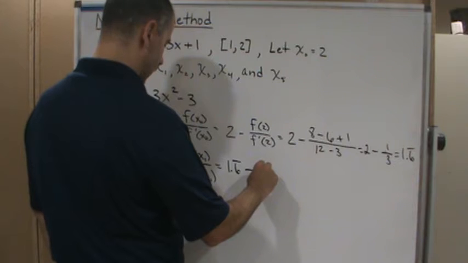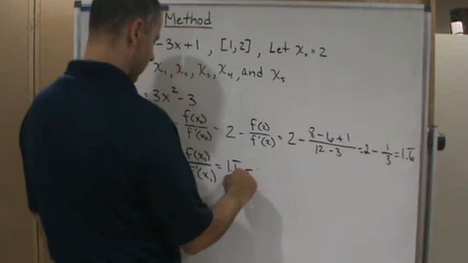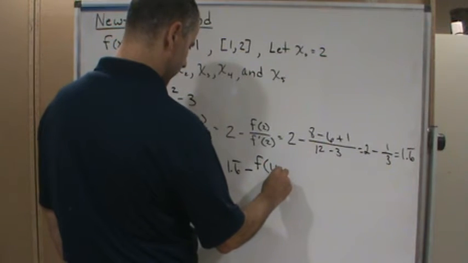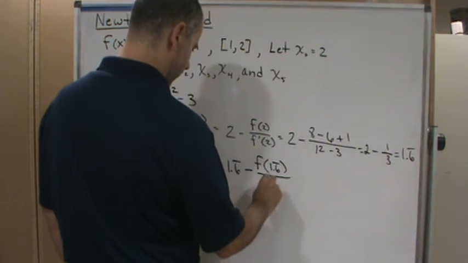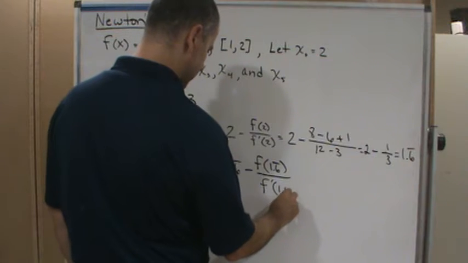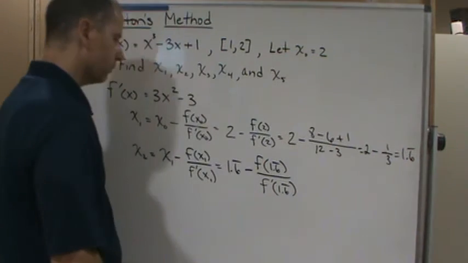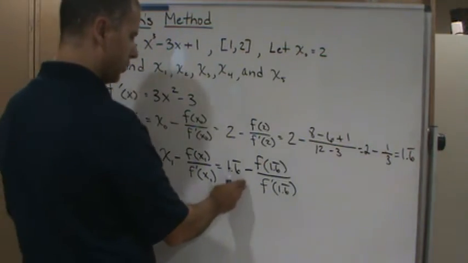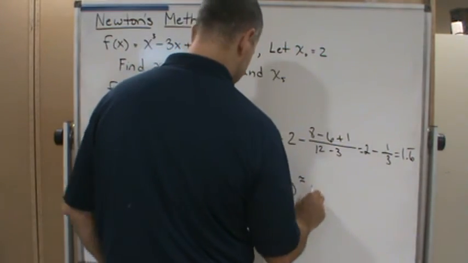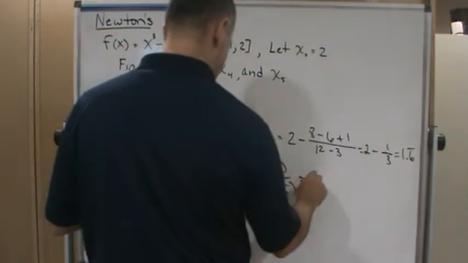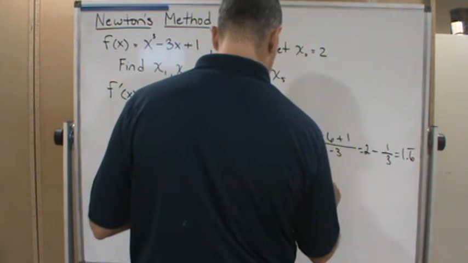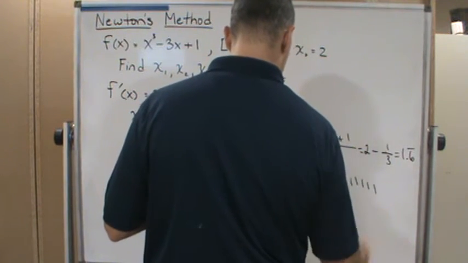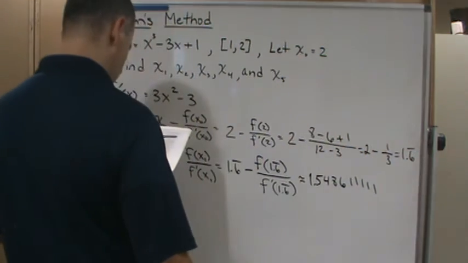So we do f of 1.6 repeating divided by f prime of 1.6 repeating. If you stick this in your calculator, you will get approximately 1.54861111.